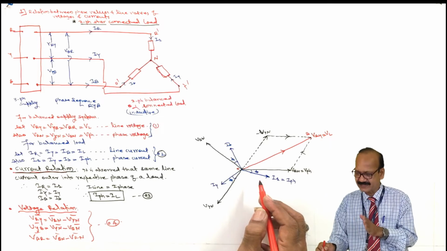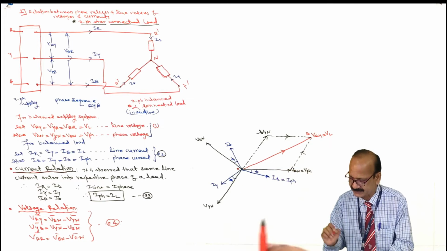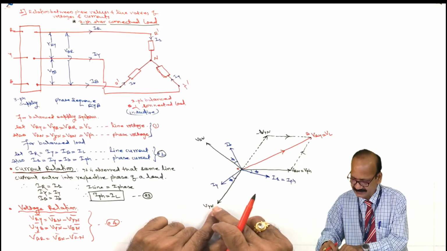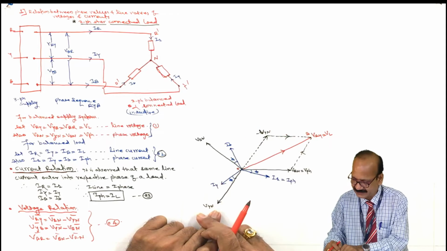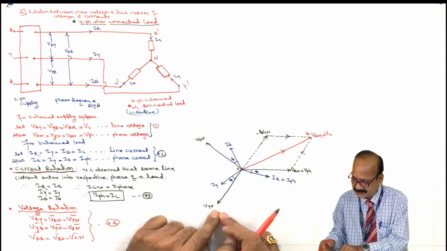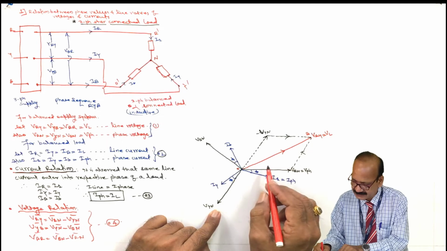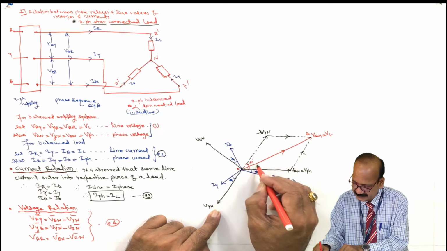And now let us find out the angle between the line voltage and the phase voltage. Now if you observe carefully, the angle between Phi Yn and minus Phi Yn is 180 degrees. Out of that, the angle between Phi Yn and Phi Rn is 120. So this is 60 degrees, this is 60 degrees, and therefore this is 30 degrees.